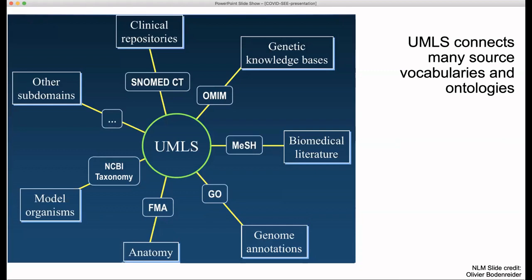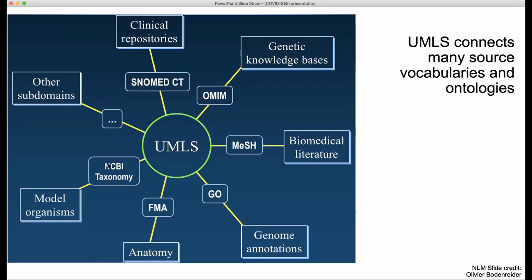And UMLS is really powerful because it integrates a large number of other resources which are under development: the Gene Ontology, the Medical Subject Headings, OMIM, Mendelian, I'm forgetting what it stands for now, genetic information, SNOMED CT, which is medical clinical terminology, NCBI taxonomy, which is species information, the Foundational Model of Anatomy.